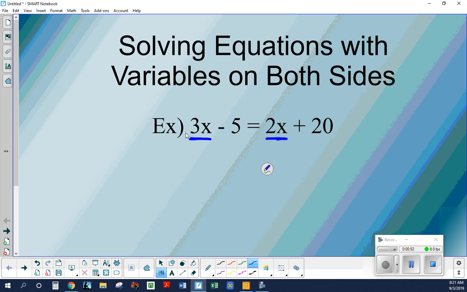Think of an equation, as usual, like a balance scale, or a seesaw kind of thing, where we want to keep what's on the right side equal in weight to what's on the left side.